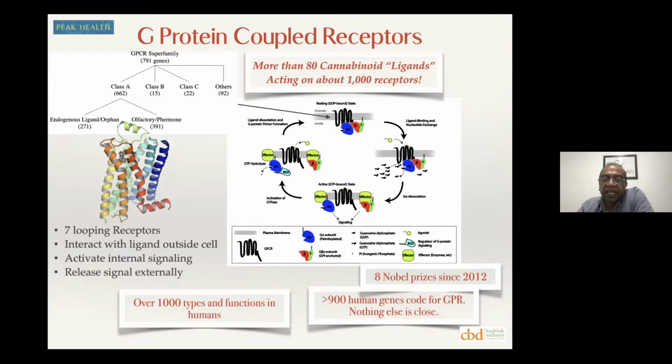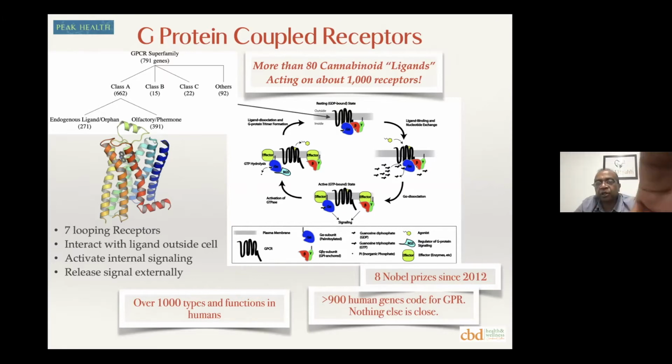And they have a tail on the outside where the ligand comes and interacts. I'm not going to get too much into detail, but the head, which is at the bottom, has these alpha, beta, gamma subunits, and those are the things that actually do a whole bunch of stuff within the cell.